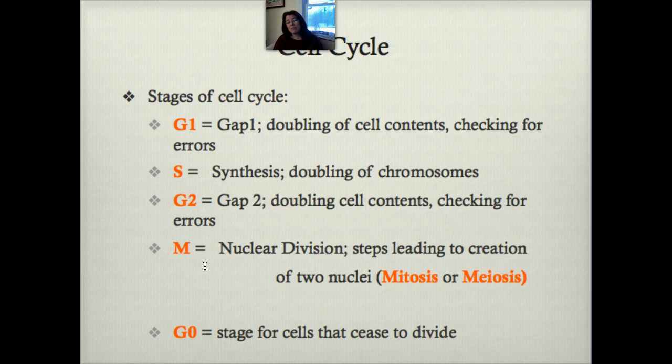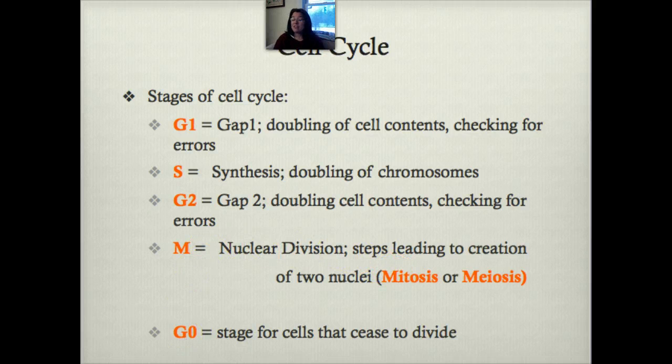But if we're talking about the M phase in a gamete, then the M stands for meiosis. They're two different processes. They have different steps involved, and they lead to differing results. But both of the stages, mitosis and meiosis, are a nuclear division.